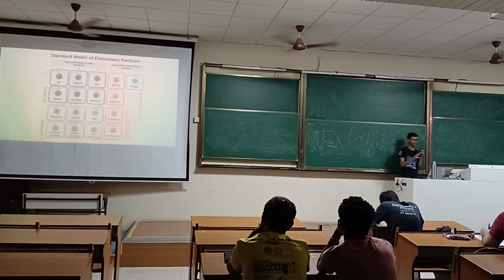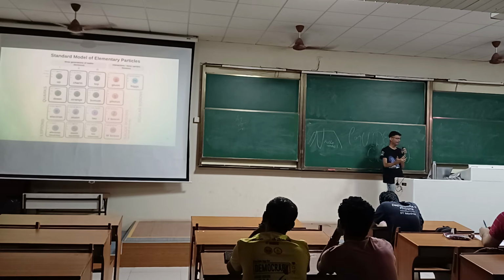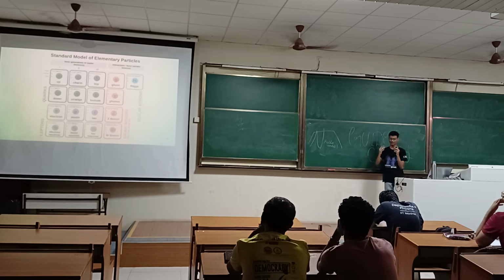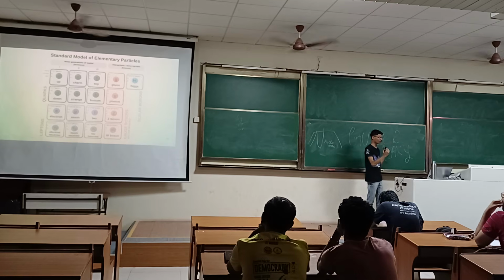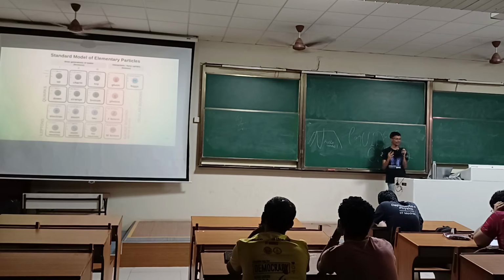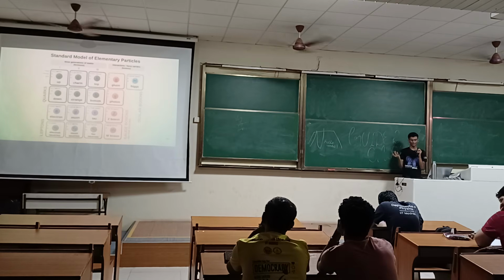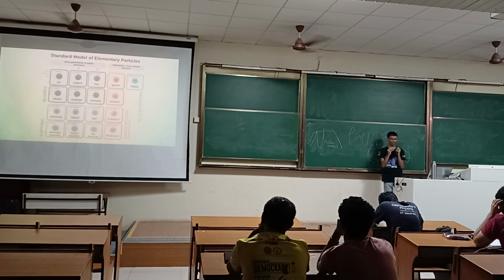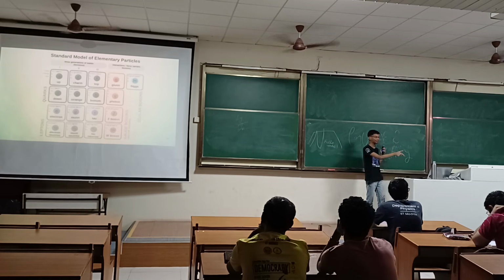We still haven't found the fundamental particle that carries the force of gravity, so that is not there, but the gluon is the particle that carries the strong nuclear force, the photon is the particle that carries electromagnetic force, and the W and Z bosons are particles that carry the weak nuclear force. And finally, there also exists this particle called the Higgs boson.